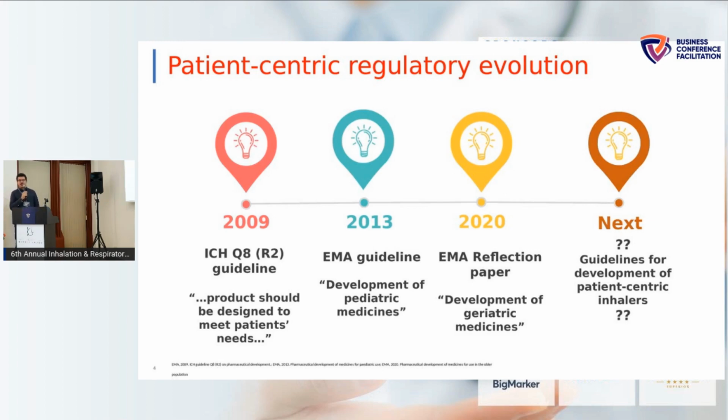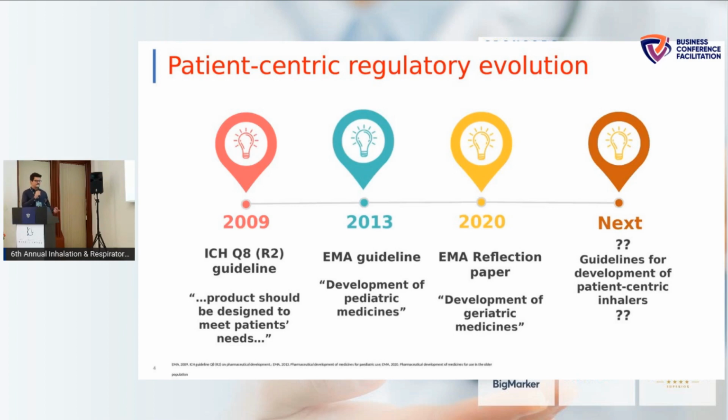And then in 2020, we had a similar exercise, however, focusing on the geriatric population. As we all know, older patients are a very heterogeneous population. They have very specific needs, which are different from the adult population, so we cannot really compare them together.